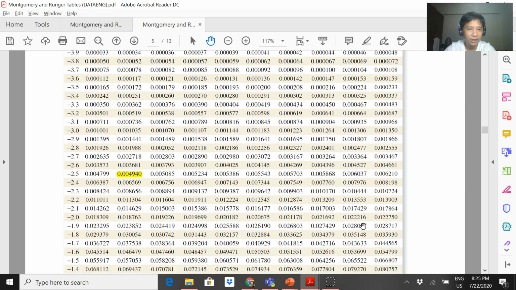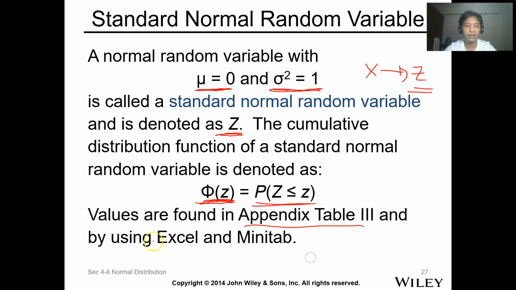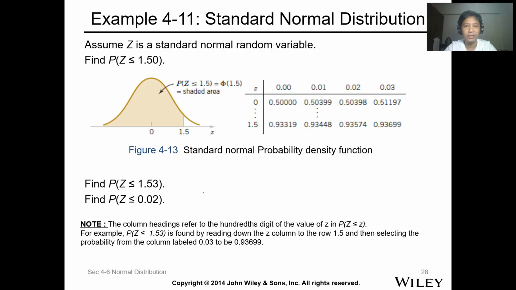So, I think I gave you this. Okay, so paano ginagamit yung table? May example tayo dito.